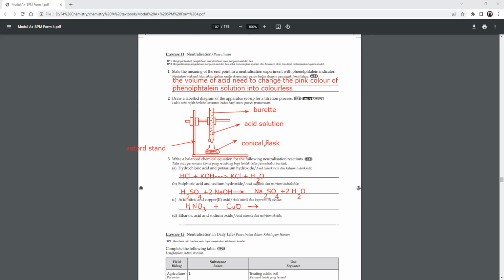Give me an answer. Come on. Or I write the whole thing out. You tell me the numbers. I know it is kind of hard for you to write this. HNO3 plus CuO, and then it is H and O, H2O, and then Cu and NO3. NO3 minus comes here, 2 plus comes here, so you need a bracket of 2 here, plus H2O.